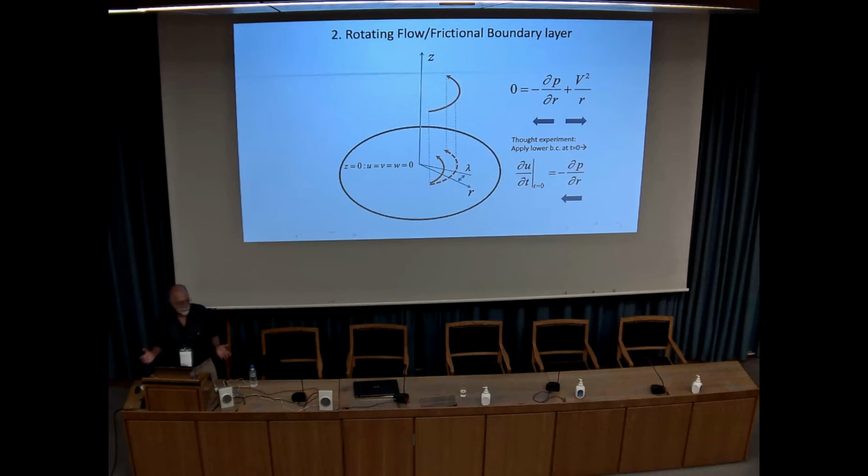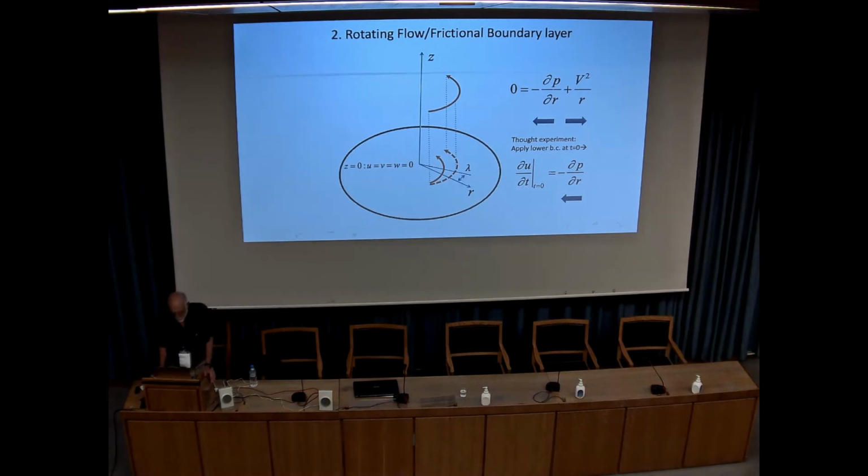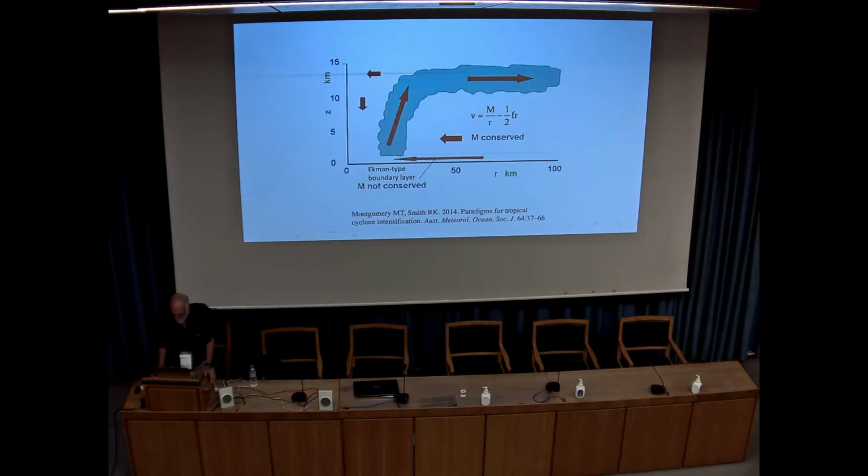Just above the surface, the pressure gradient doesn't change, just as in the classic boundary layer approximation, where the thin boundary layer has the same pressure gradient as you go through to the ground. It has the same pressure gradient, but it no longer has the centrifugal force, because you've set it to zero basically at the surface. So without the centrifugal force, the pressure gradient drives the flow in. So that's basically, in a nutshell, the Ekman effect.